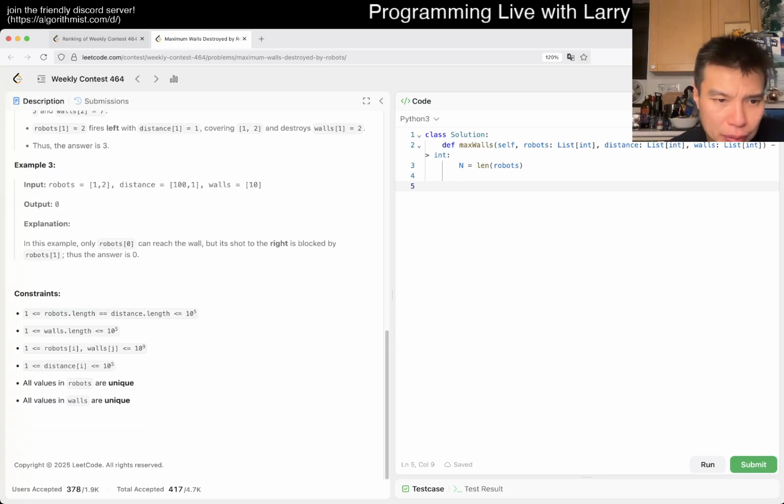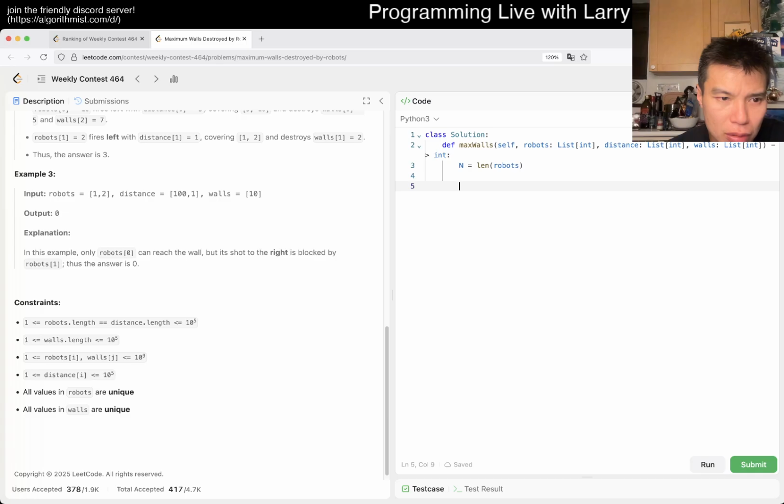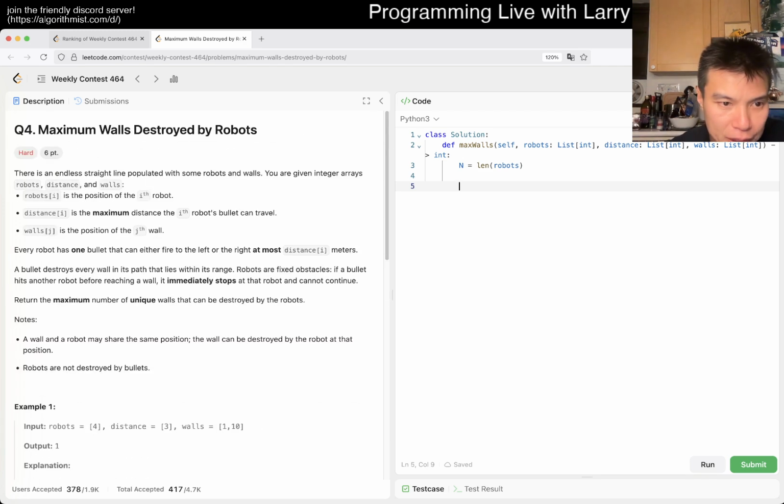Because you can't shoot past a robot, so well, okay, so what does unique walls mean? Does each robot get to shoot once? Oh, has one bullet. Okay.